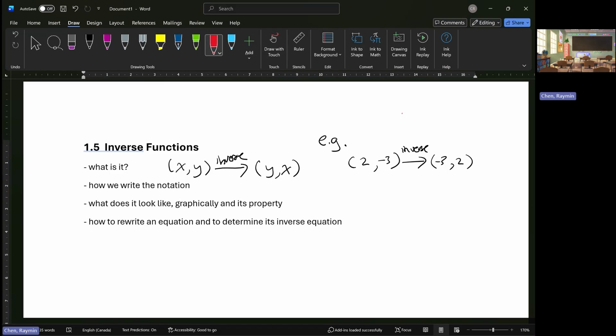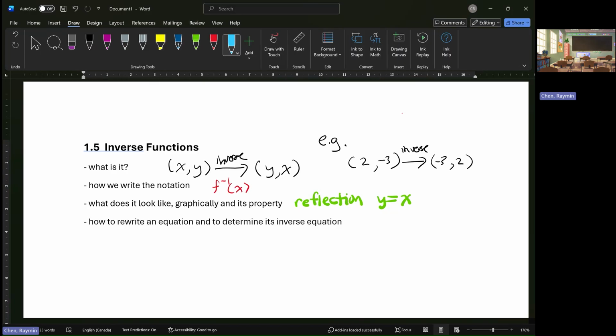The notation that we're going to learn eventually is f to the -1 of x. That's how we write it. We're also going to notice what it looks like graphically, and I'm just going to spoil the fun right now. It's going to represent a reflection across y equals x. Finally, how to rewrite the equation and determine its inverse equation.